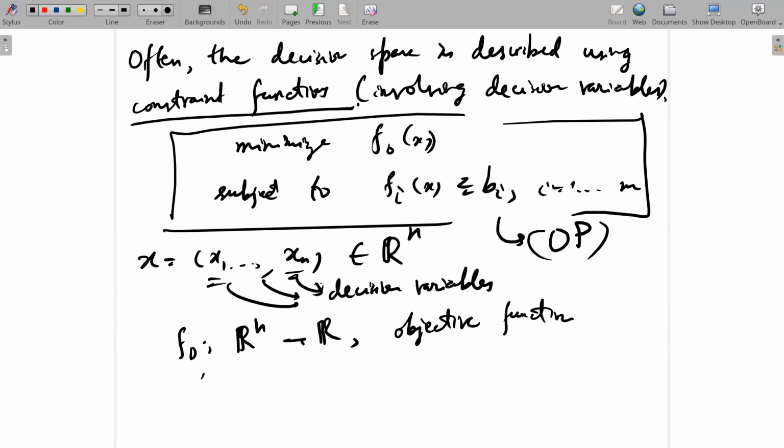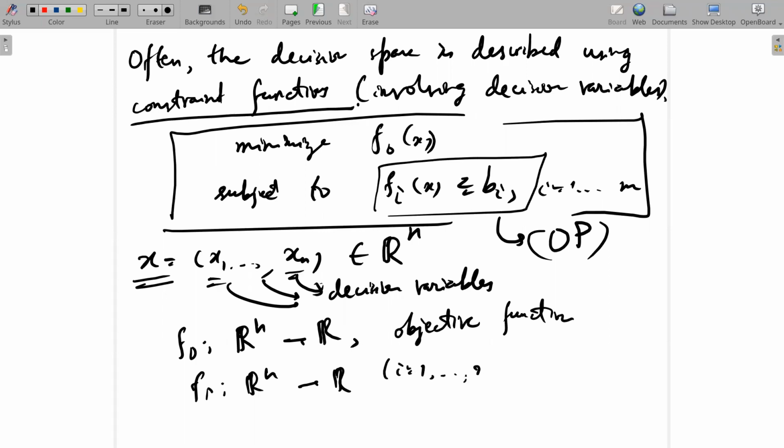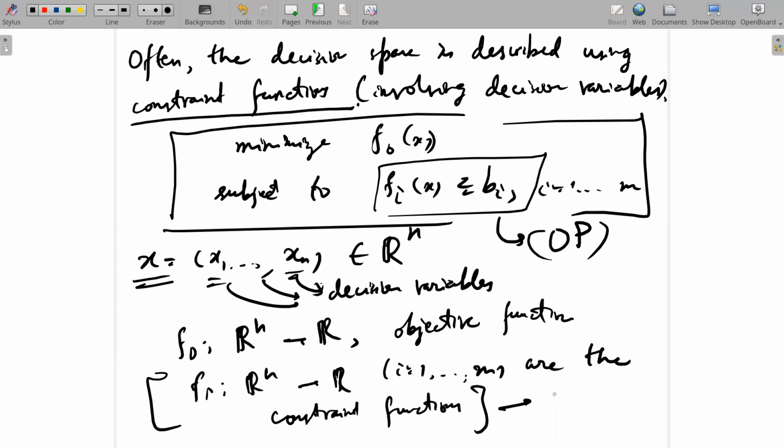And these fi are constraint functions. They're essentially telling us that we don't care about the whole of Rn, arbitrary vectors, but only those vectors which satisfy this condition right here, fi(x) ≤ bi. So these are the constraint functions, and this whole thing determines the decision space.